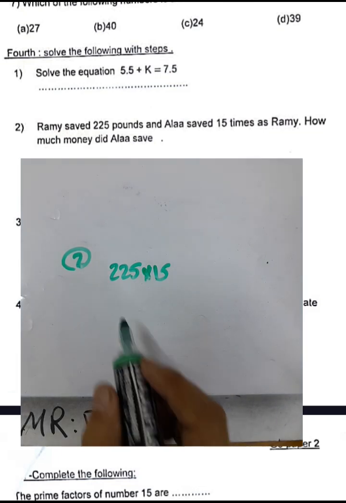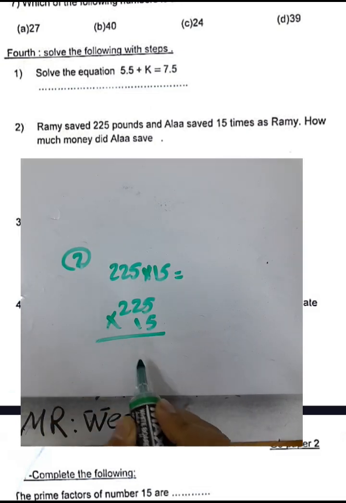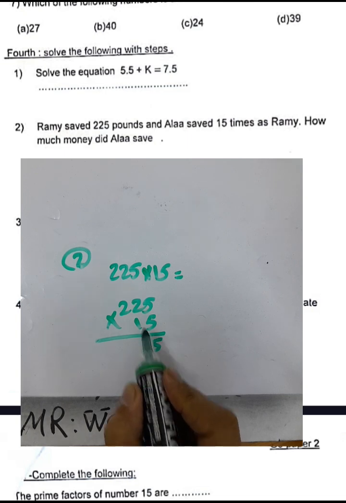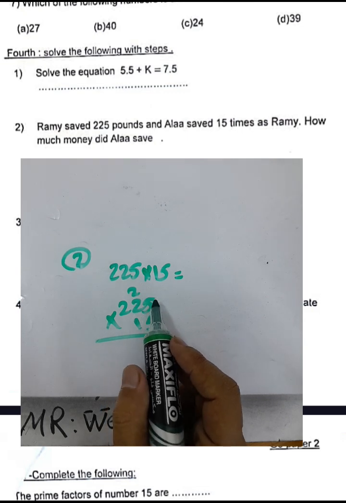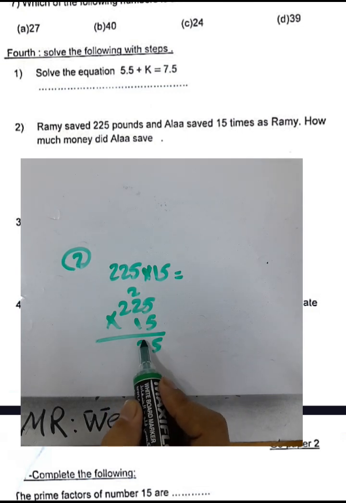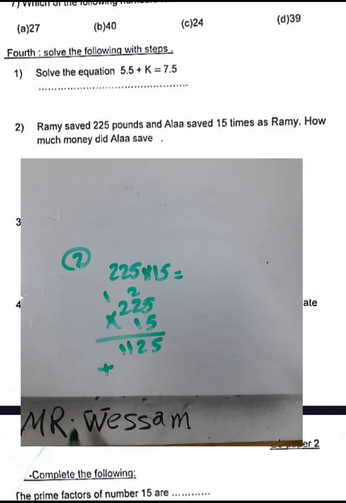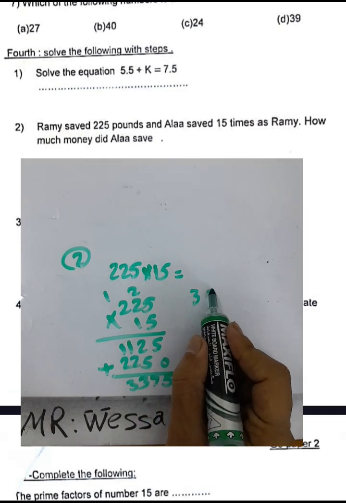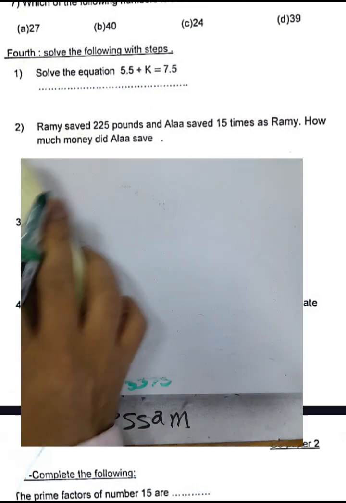Then we can write 225 times 15. 5 times 5, 25, write 5 and carry up 2. 2 times 5, 10, plus 2 equal 12. Write 2 and carry up 1. 2 times 5, 10 plus 1 equal 11. Then write 0. 1 times 5 equal 5. Then write 5, 7, 3 and 3. 3,375. Okay.